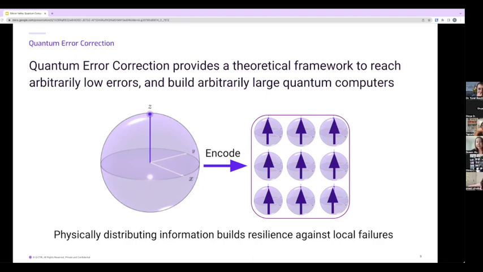So the application in quantum error correction is basically to take the state of one logical qubit and spread it out across a series of physical qubits. And this can help to build resilience against local failures. And it is a theory in which we can build arbitrarily large quantum computers by using these systems of entangled qubits to capture the current state of a single logical qubit.